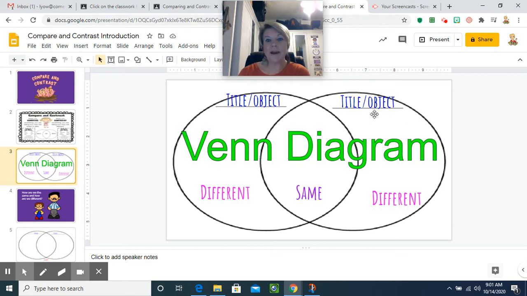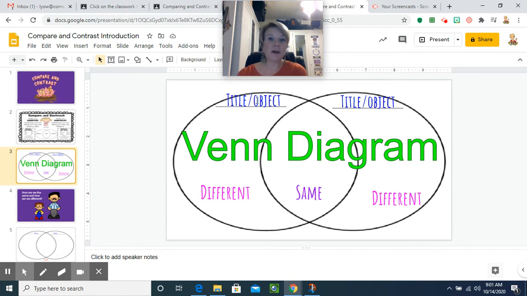When you compare, remember you're telling how things are the same. So if I were comparing two objects, when I find something that is the same about both of those objects, I'm going to put it in the middle, where my two circles are overlapping.